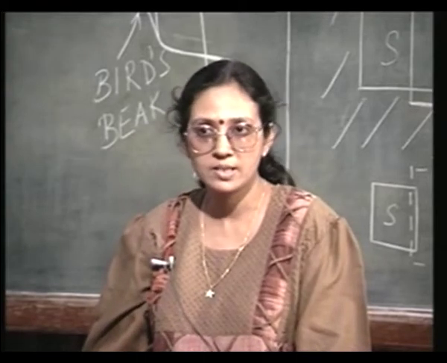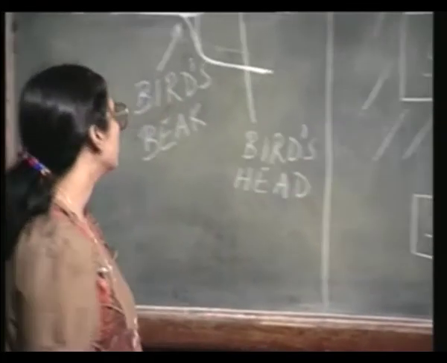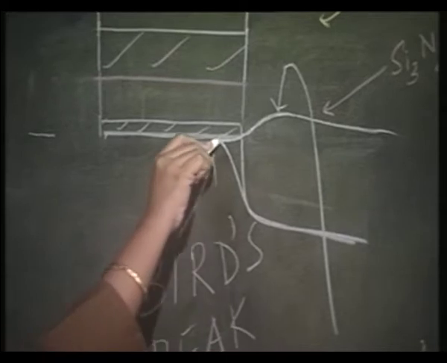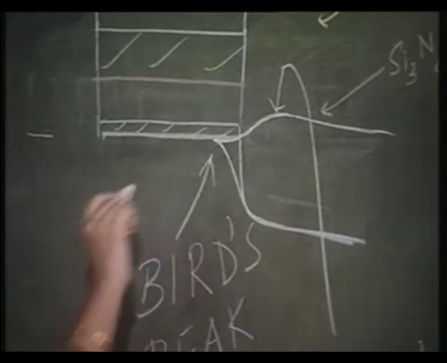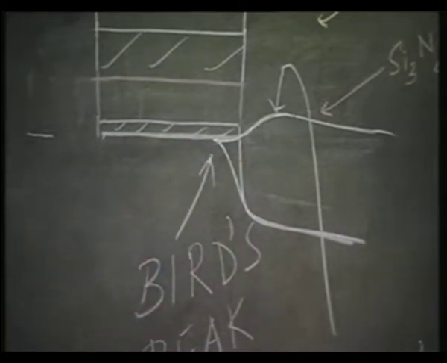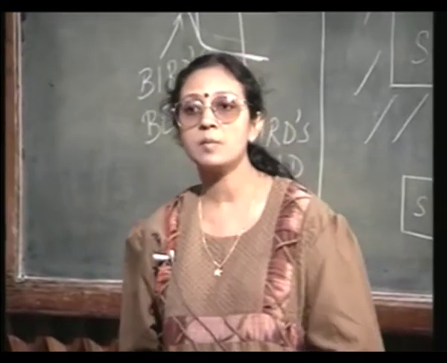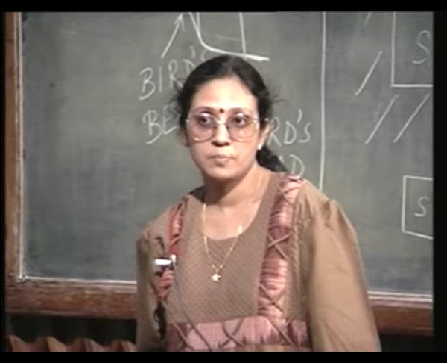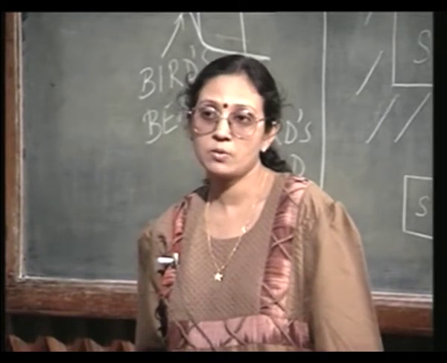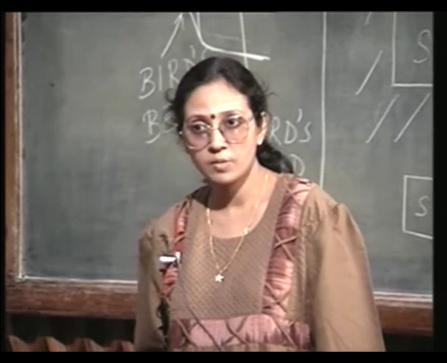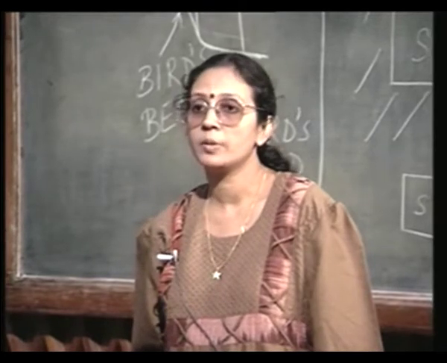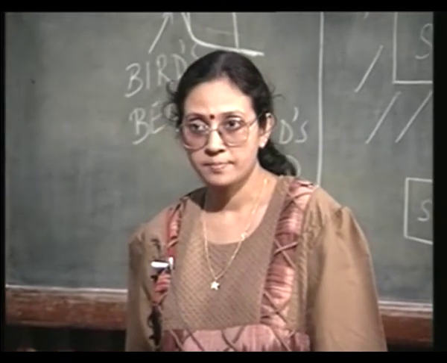But here it is going to be extremely serious, because you are going to have an encroachment in the active region itself. So, a lot of your active region will get eaten up by this bird's beak and bird's head problem, particularly as the device dimensions are becoming smaller, this problem will become more and more serious.